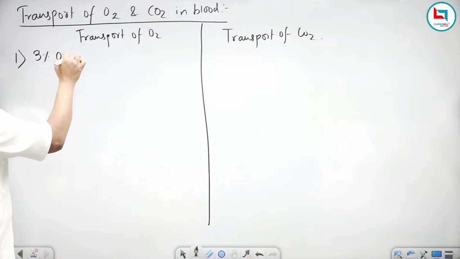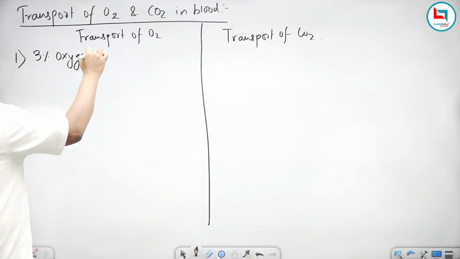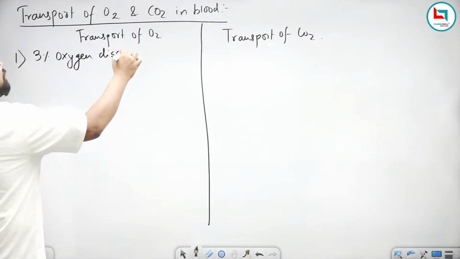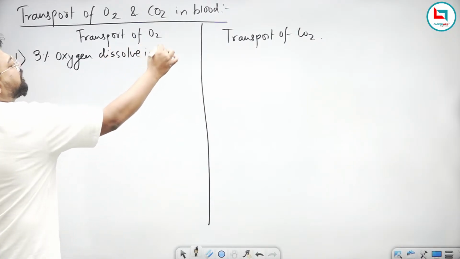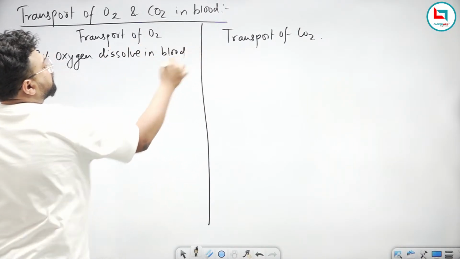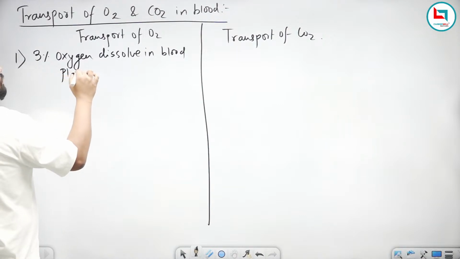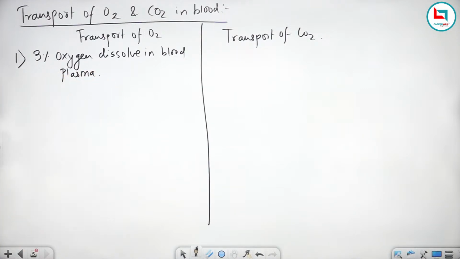So 3% oxygen dissolves in blood plasma. So 3% oxygen gets dissolved inside the blood plasma. Is that clear?